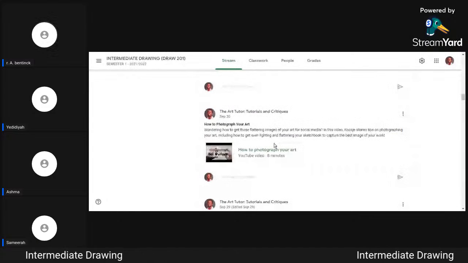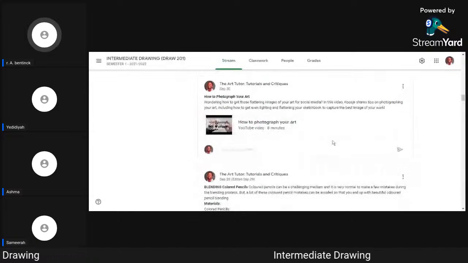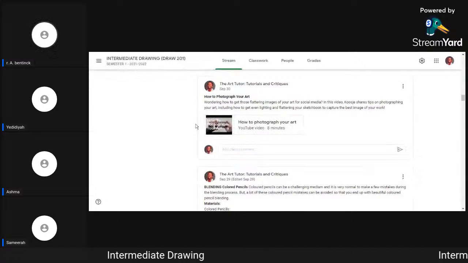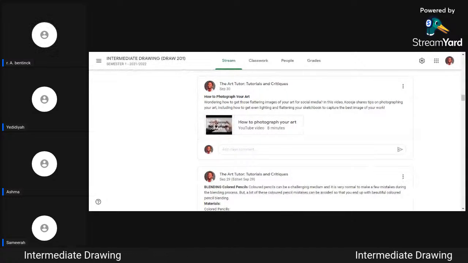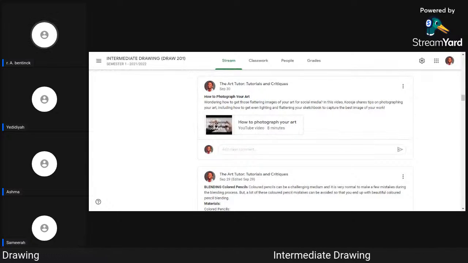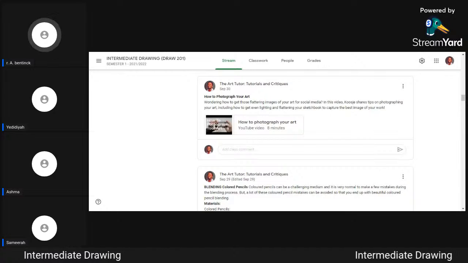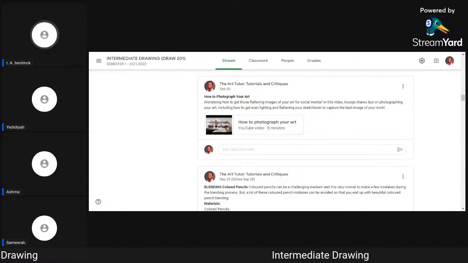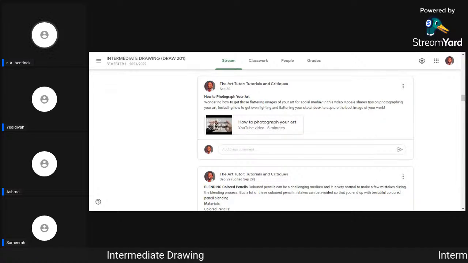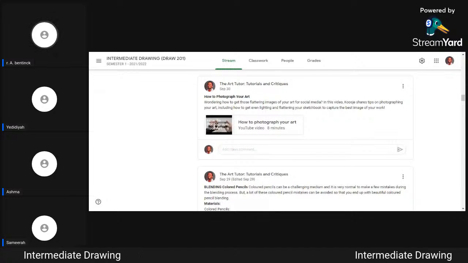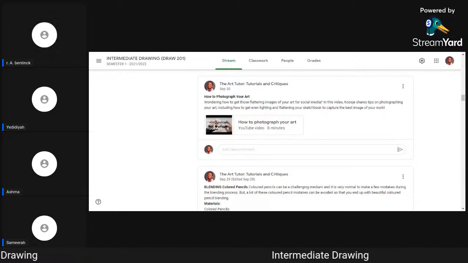This one here, go back and ensure you study that video so that you're taking quality photographs, so that when I take your stuff and upload it to the virtual exhibition, I don't have to cut off half of your stuff because you got your tablecloth or your floor or the door in the background or wherever it is. No, take proper photographs. Ensure that it's a true representation of the colors that are in the work itself, so that when it is placed in the virtual exhibition, the viewing experience is going to be very satisfying.